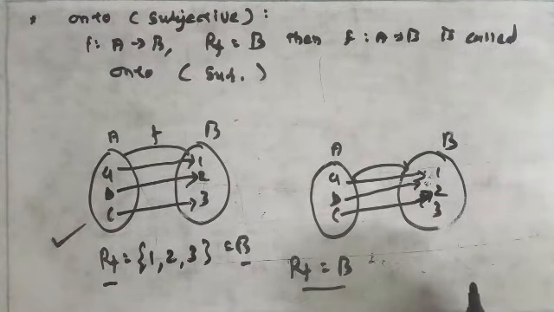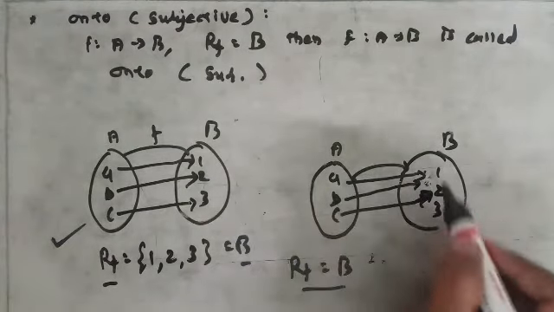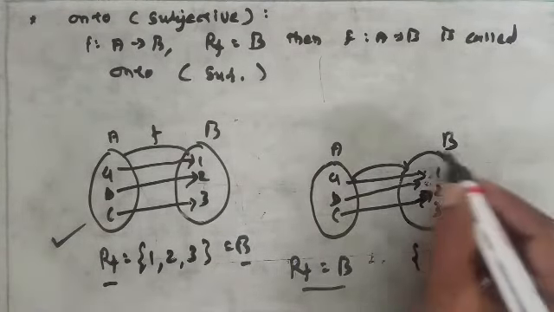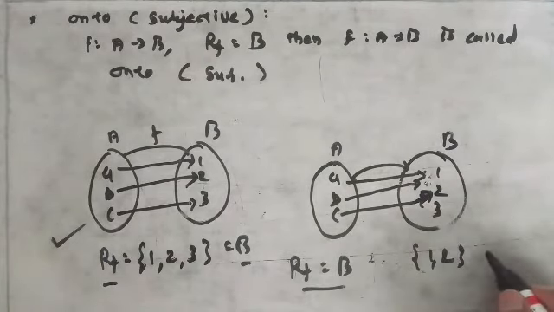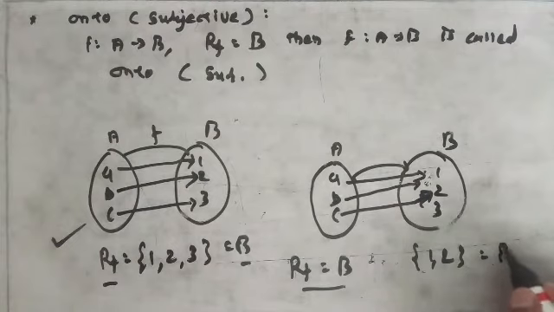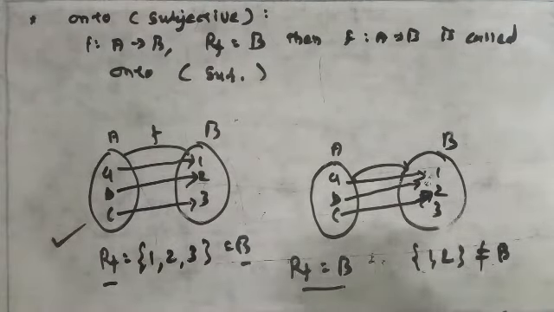Then what do you say about this function, is it onto or not? Here the range of given function is {1, 2}, and codomain of given function is B, {1, 2, 3}, and both are not equal, so the given function is not an onto function.